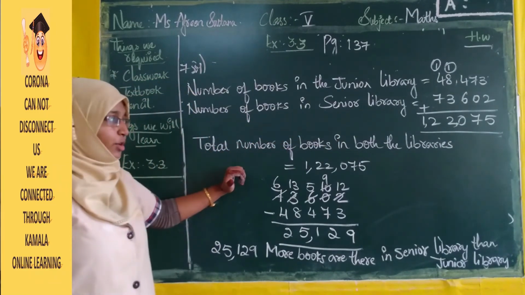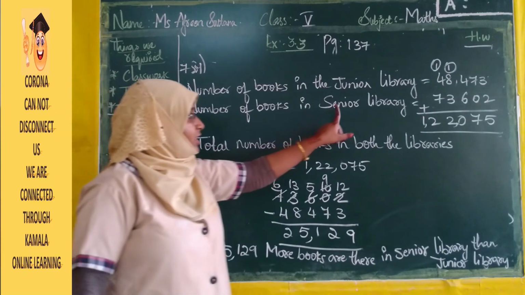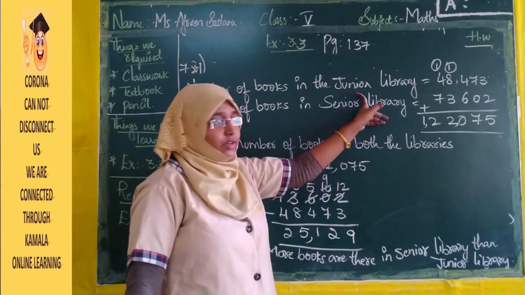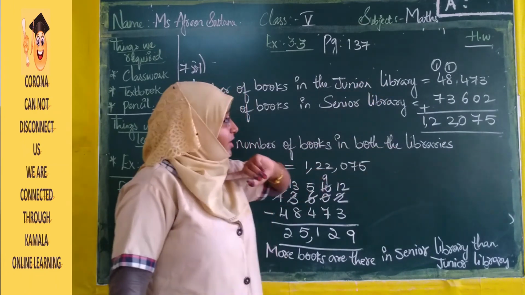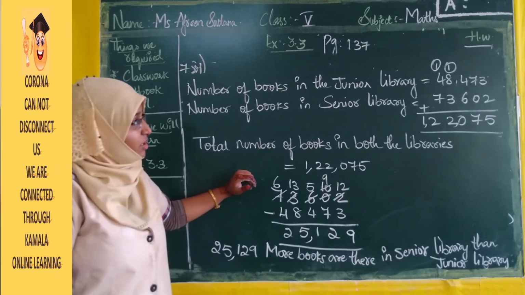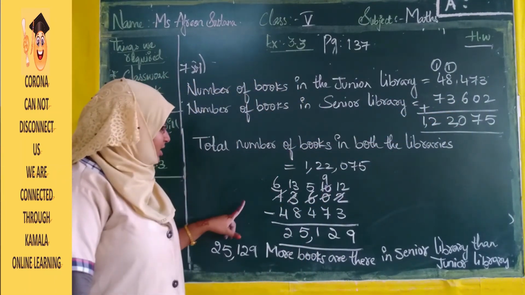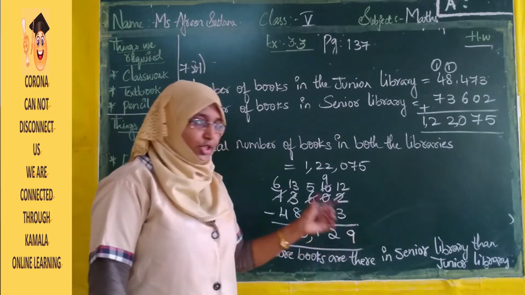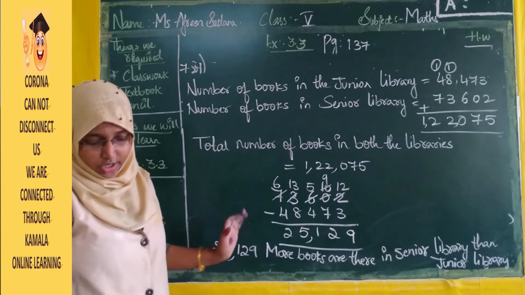We have found the total number of books in both the libraries. Then we needed to find how many more books are there in the senior library compared to the junior. To find that, we did subtraction and got the answer 25,129. This many books are more in the senior library than the junior library.